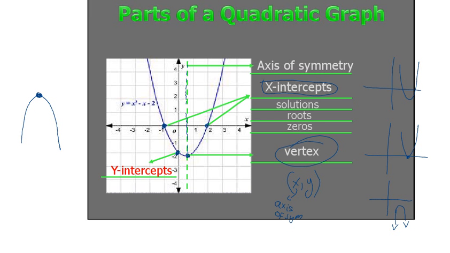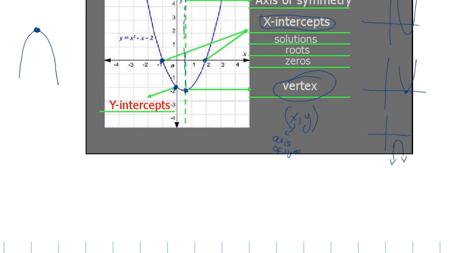Okay? The y value of the vertex is the optimal value. What does the word optimal mean? Maximum or minimum.